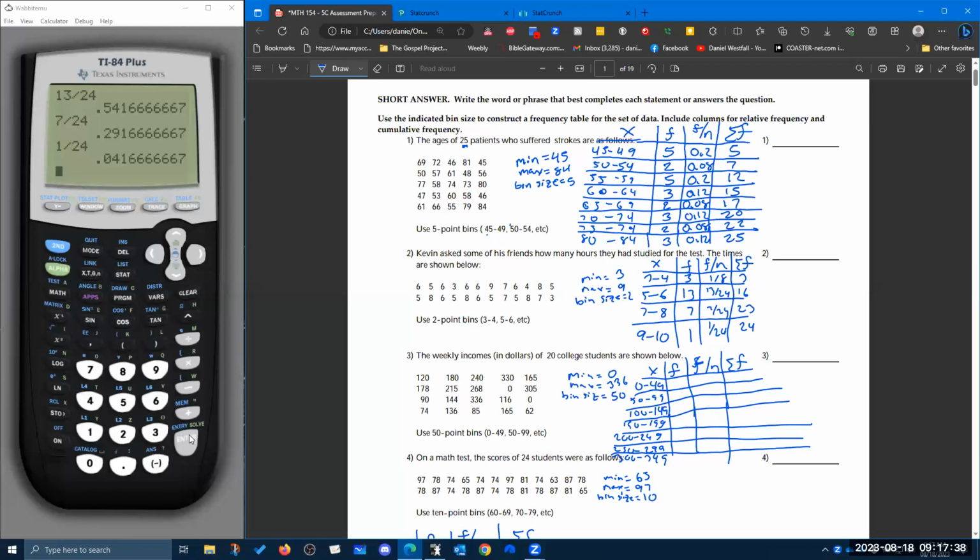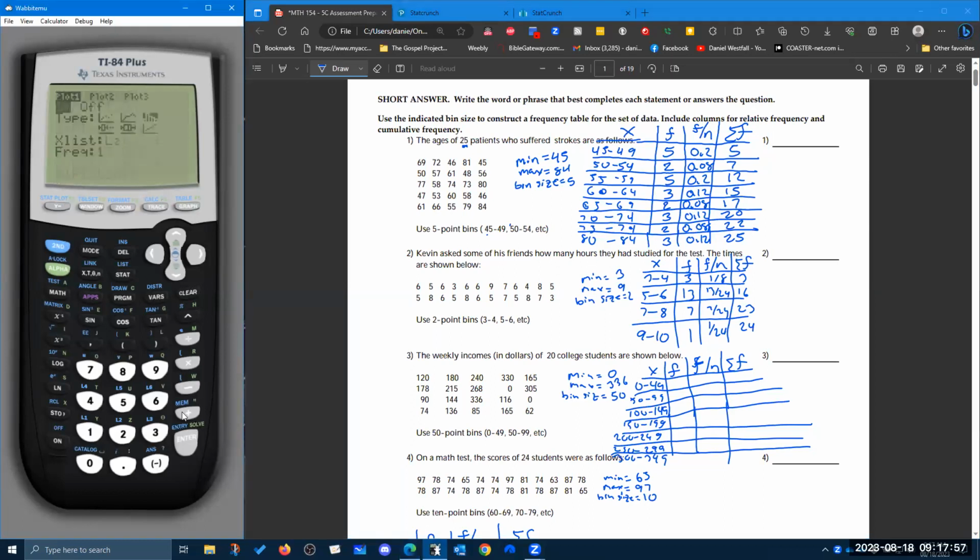So be careful with your decimal approximations. It's not always going to add up to be 1, but the fractions should always add up to be exactly 1. Let's go ahead and look at this next one here.